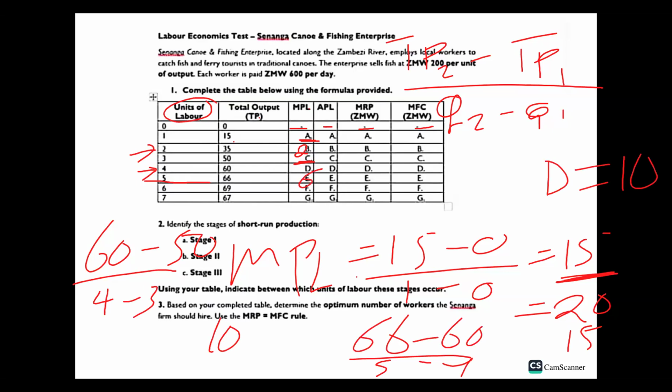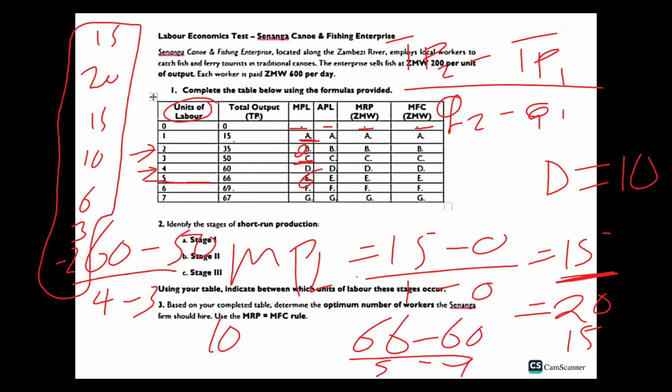Okay, so we have 15, 20, 15, 10, 6, and then you say 69 minus 66, that would be 3. And 67 minus 69, that would be negative 2. So these are your marginal products of labor.